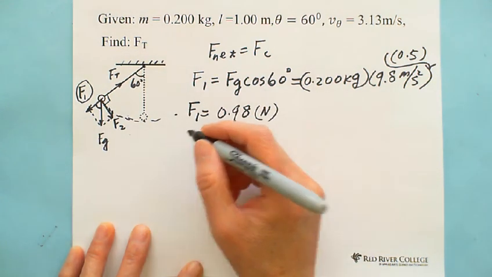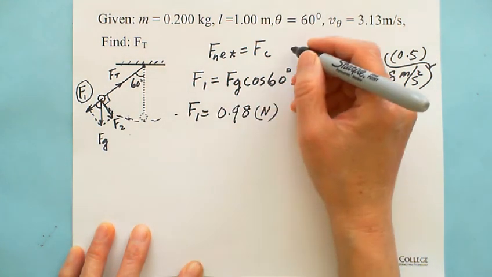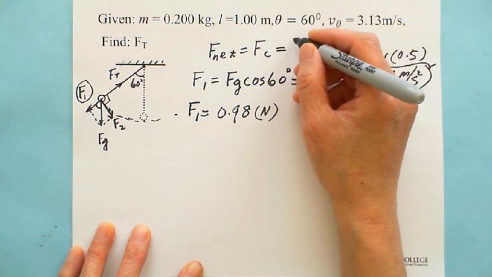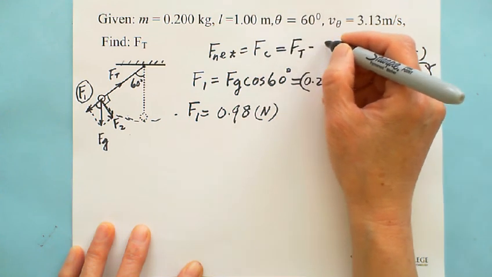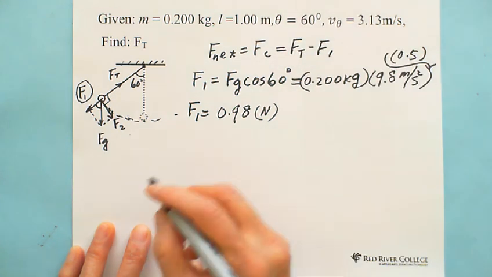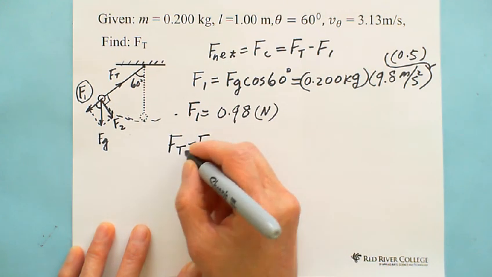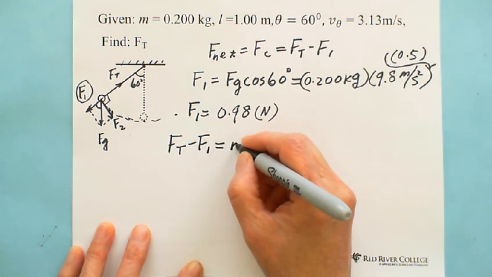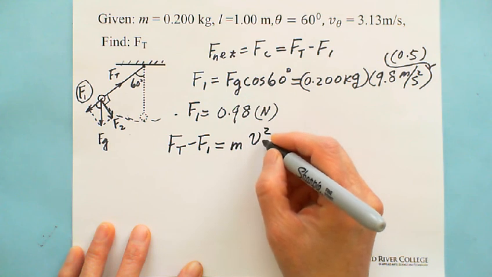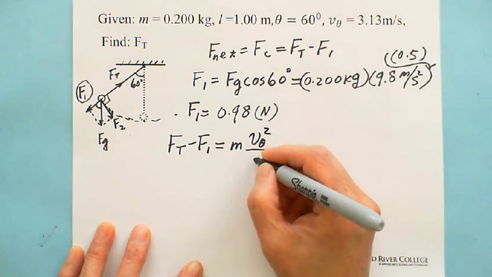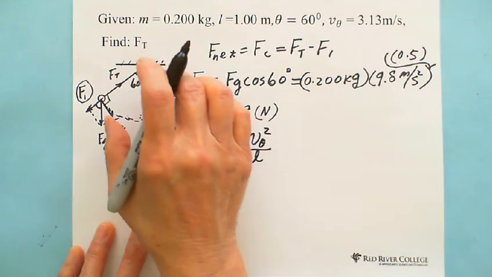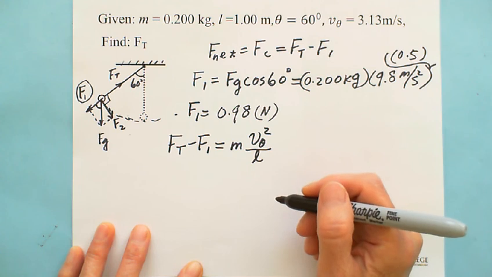Now we can write the centripetal force equals Ft minus F1, right? So Ft minus F1 equals m times v squared over L, where L is the radius.